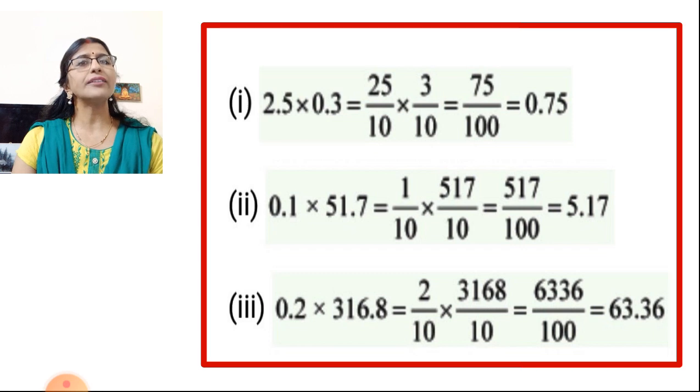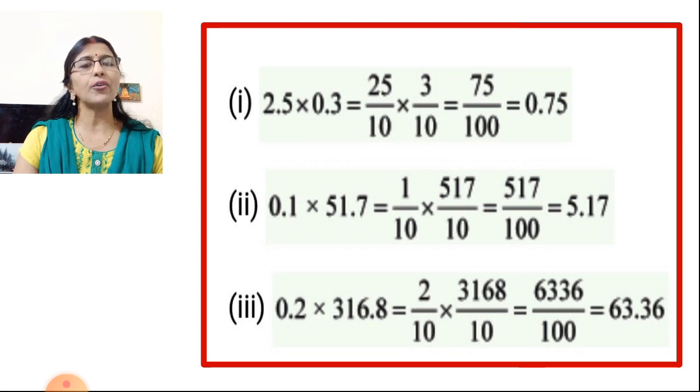Now 25 into 3 is 75, upon 10 into 10 is 100. Now as 100 is there in the denominator and we are dividing 75 by 100, the point will shift to the left side. By how many places? By 2 places. So your answer will be 0.75.